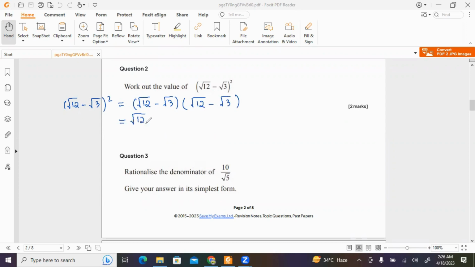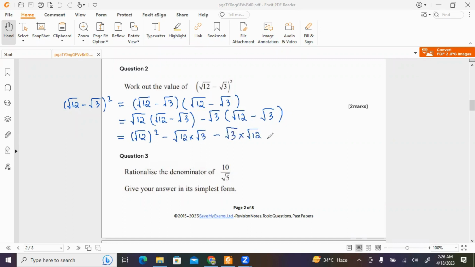Going to be root 12 times root 12 minus root 3, minus root 3 times root 12 minus root 3. Root 12 whole square minus root 12 times root 3. Similarly, minus root 3 times root 12 plus root 3 whole square.